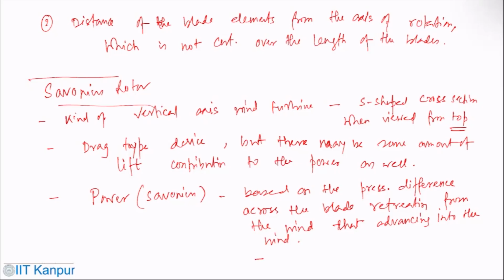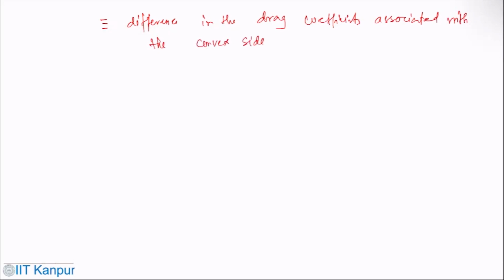This is essentially equivalent to the difference in the drag coefficients associated with the convex side of the blade and the concave side of the blades. Okay.